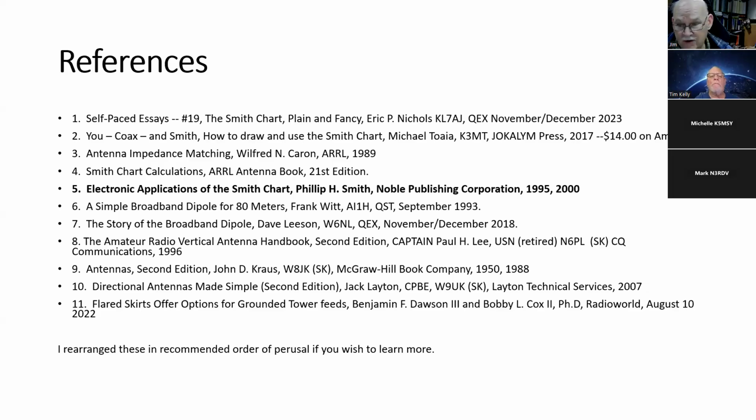One of the things Jack told me about was KDKA, when they went to their digital transmitter, they had trouble with SWR trips because their half-wave vertical dipole was so high Q that it could barely handle the bandwidth of the AM modulation and forget about the bandwidth of the digital. So those are my references.